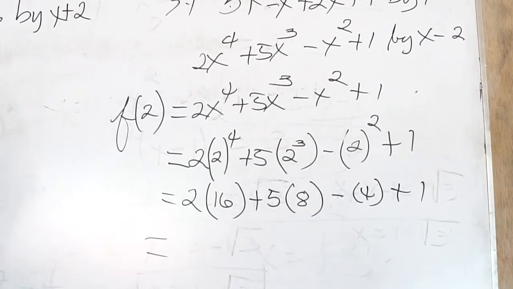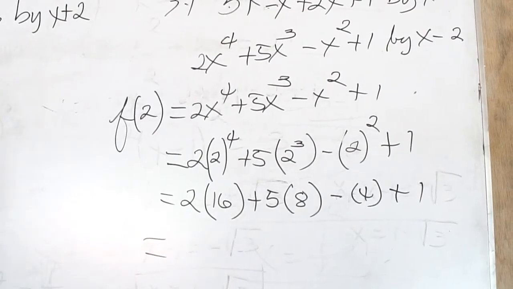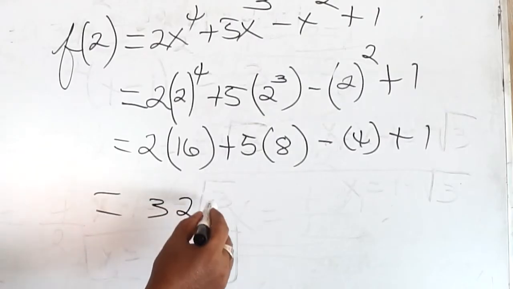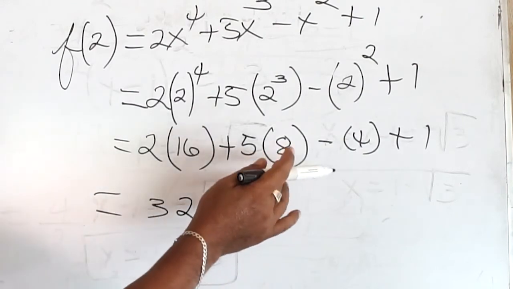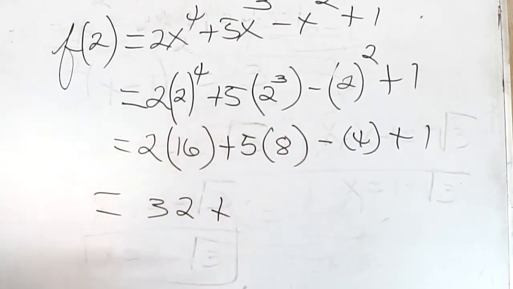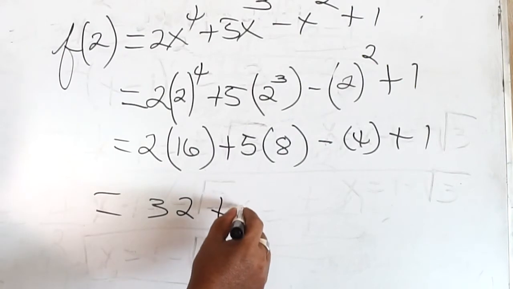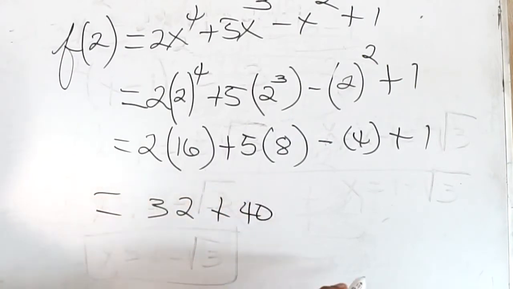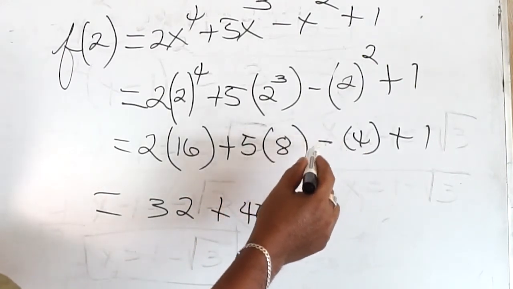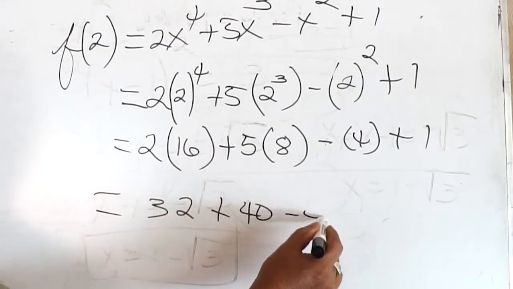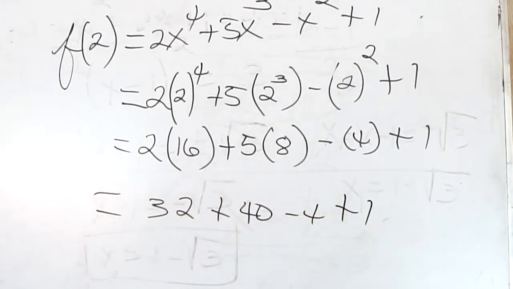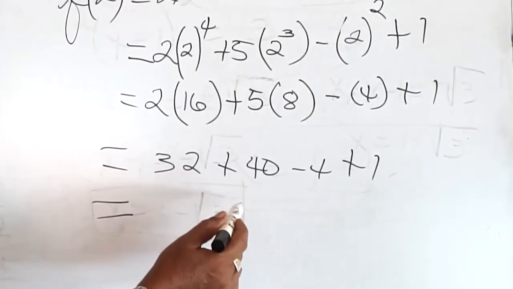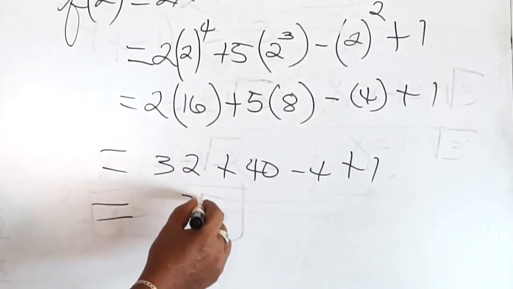Multiply: 16 times 2 is 32. Then 8 times 5, the result is 40. Then positive 4 times negative, so we have negative 4. Then we have positive 1. This time, combine: 32 plus 40 is 72.